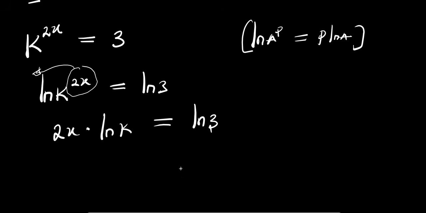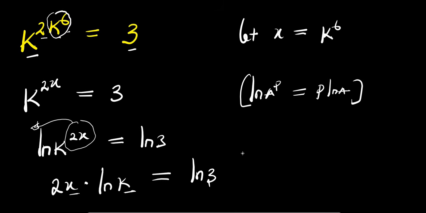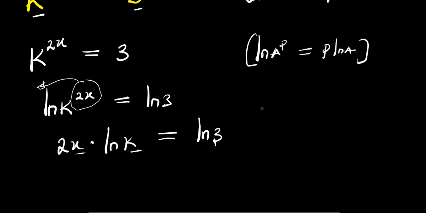Now, the next step we are going to take will be to simply make sure that these two variables here are uniform. Right here we have x, and right here we have k. Now, considering this particular equation, x equals k to the power of 6.